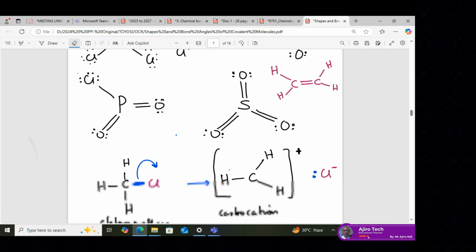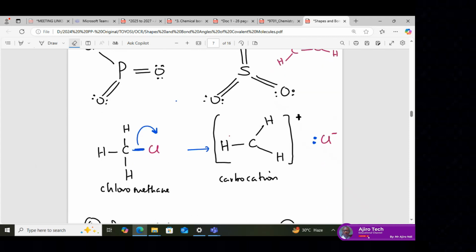Now look at this. In chloromethane, because chlorine is more electronegative than carbon, the carbon-chlorine bond breaks in favor of chlorine. Chlorine goes with the 2 electrons. The shape of this, which we will teach later, is called tetrahedral.